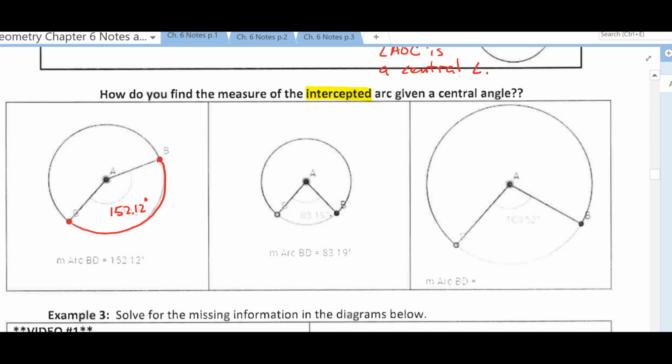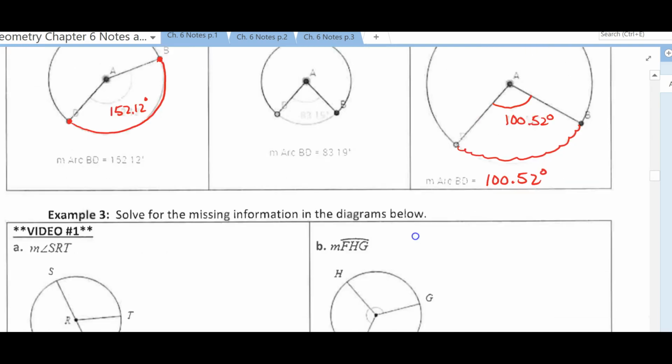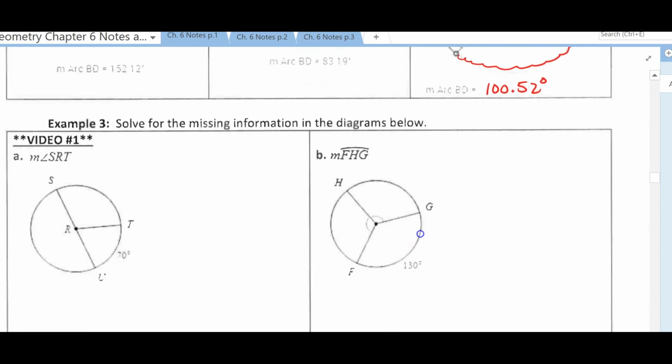And then over here, we're going to make this 100.52 degrees for the central angle, which would make the measure of the arc here 100.52 degrees. Okay, so again, the measure of the central angle and the measure of the intercepted arc are going to be the same.